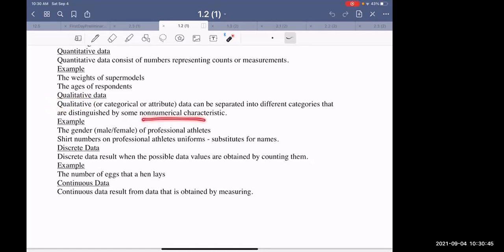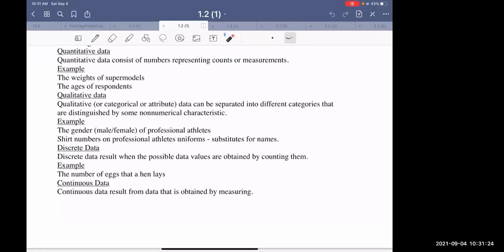So qualitative data is non-numerical in characteristic, whereas quantitative is numerical in characteristic. If the nature of the value is numerical, then it is quantitative; if the nature of your value is non-numerical, then it is qualitative.